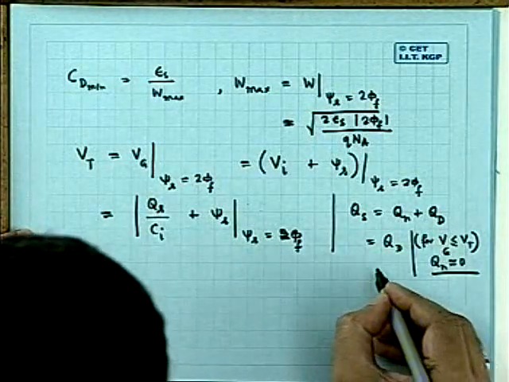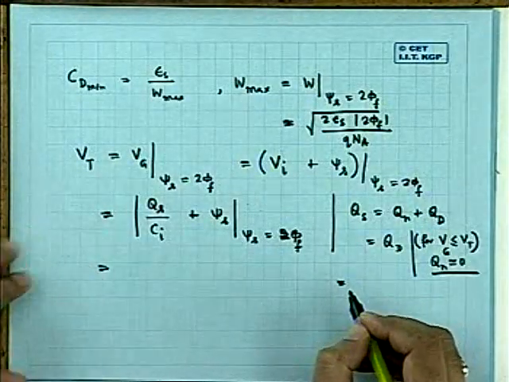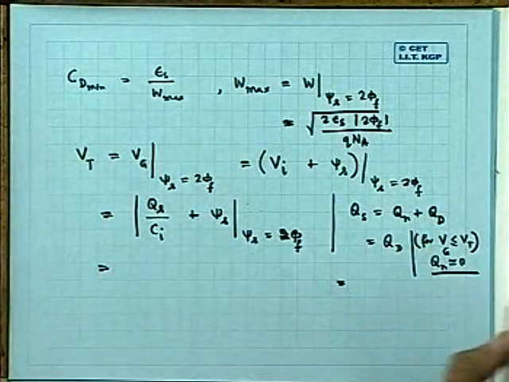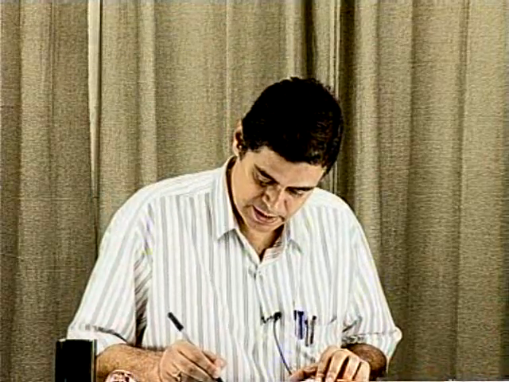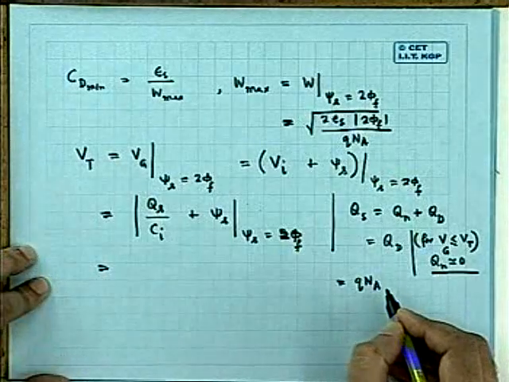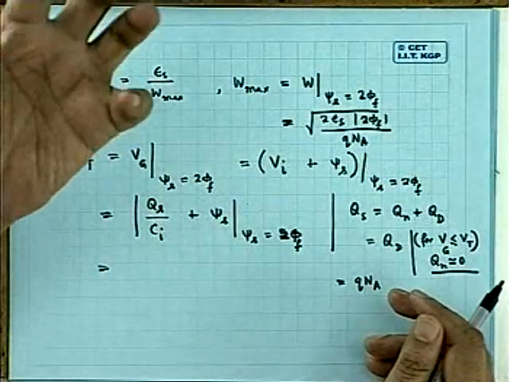And then what is the expression for Qd? Qd is equal to Qna, the negative charge density due to the uncovered ions in the depletion area per unit volume. And you are considering per unit area.